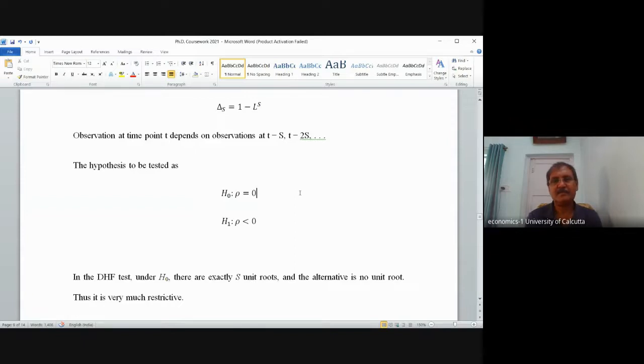But we have discussed earlier, in the case of quarterly data, there are different numbers of unit roots, indicating the different seasonal frequencies, seasonal cycles, better to say, not frequency. So these kinds of possibilities cannot be captured by this test. So in that sense, the test developed by DHF is very much restrictive.